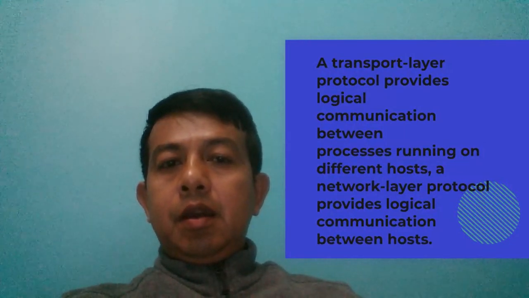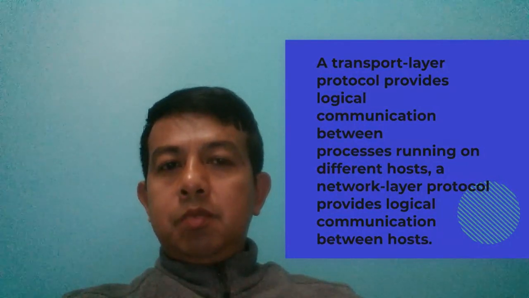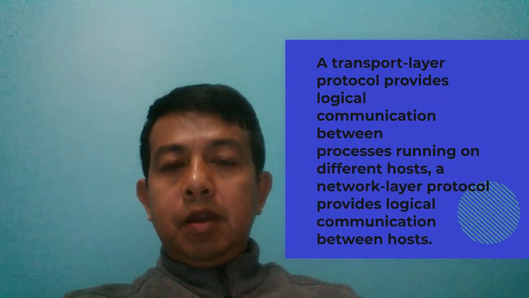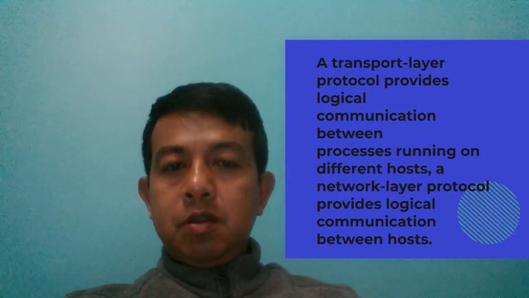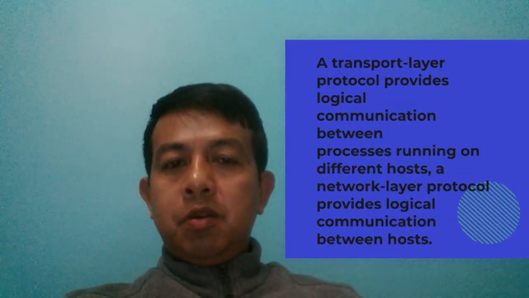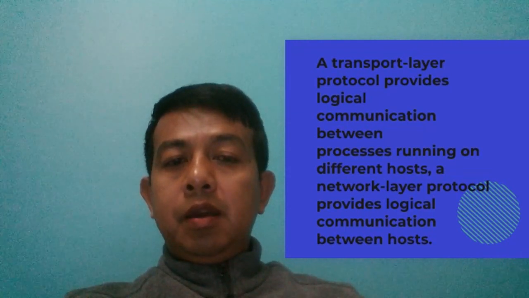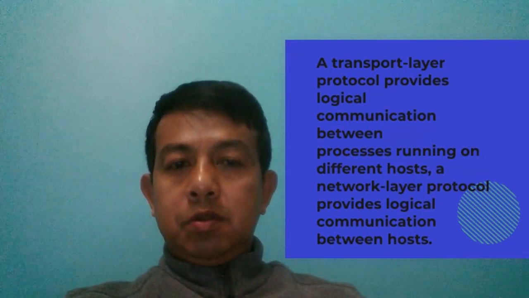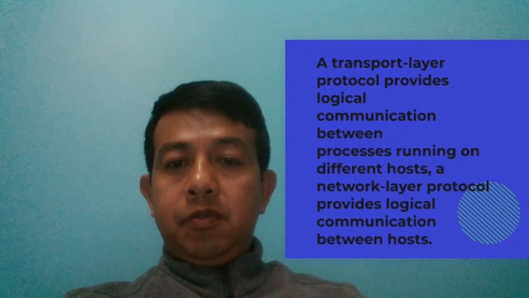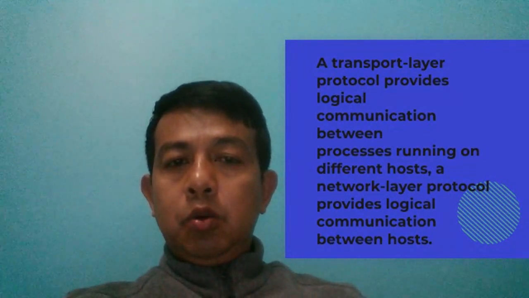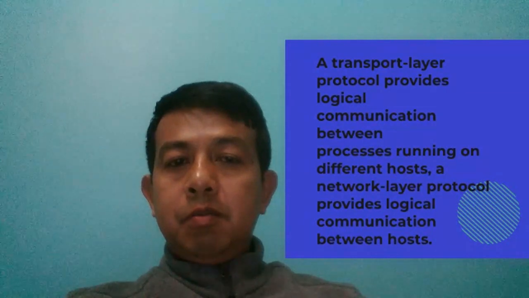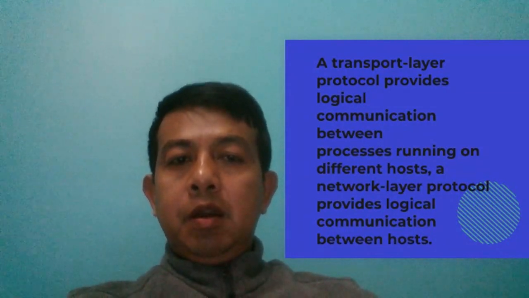Let's understand it. A transport layer protocol provides logical communication between processes running on different hosts. A network layer protocol provides logical communication between hosts. The difference is subtle but very important. Look at the difference between these two parts.